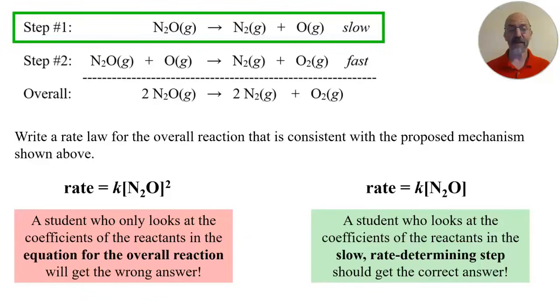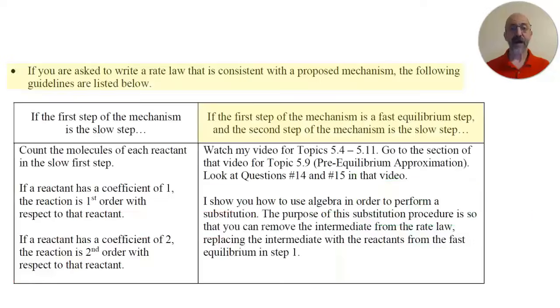Now, if the first step of the mechanism is actually a fast equilibrium, and the second step is the slow step, that goes back to what I had mentioned about topic 5.9, the pre-equilibrium approximation.